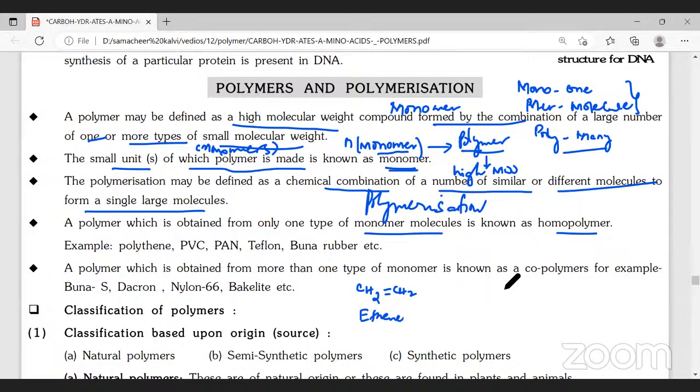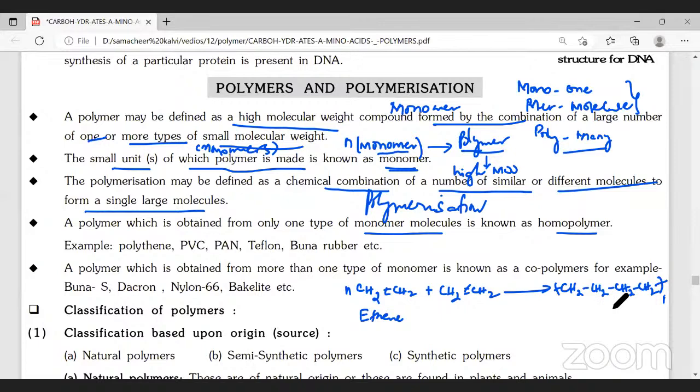When these ethene molecules combine, the pi bonds break, and we get a molecular chain like CH2, CH2, CH2. If we take n molecules, the chain length will keep on increasing. These kinds of polymers are called homopolymers.